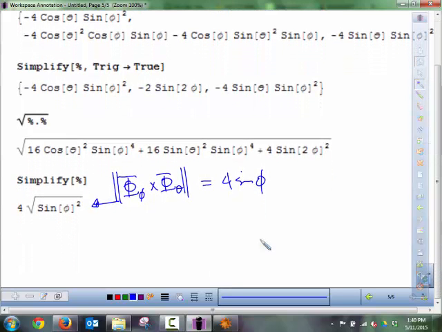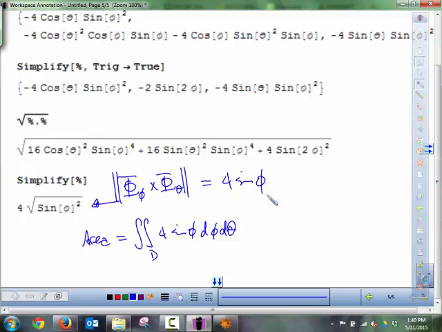So let's finish this off with finding our area. Area is equal to the double integral over D of 4 sine phi d phi d theta, in whatever convenient order we want.